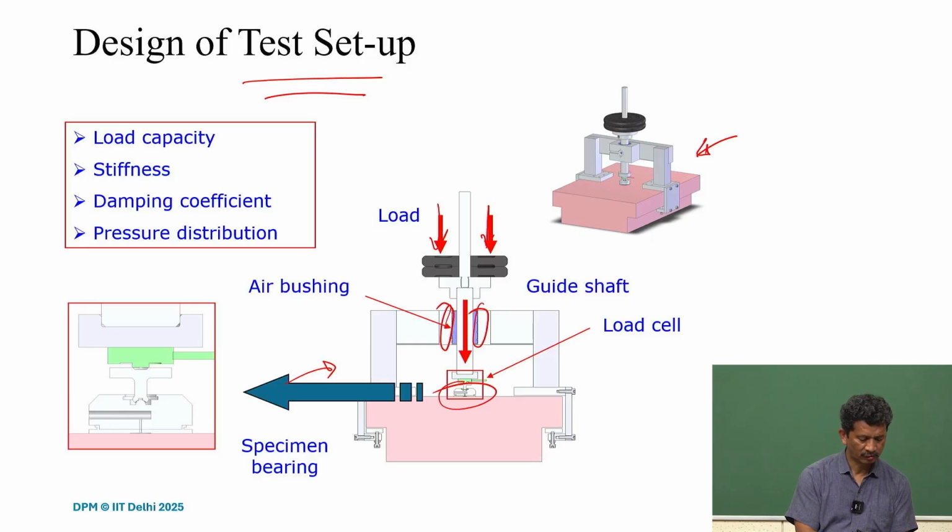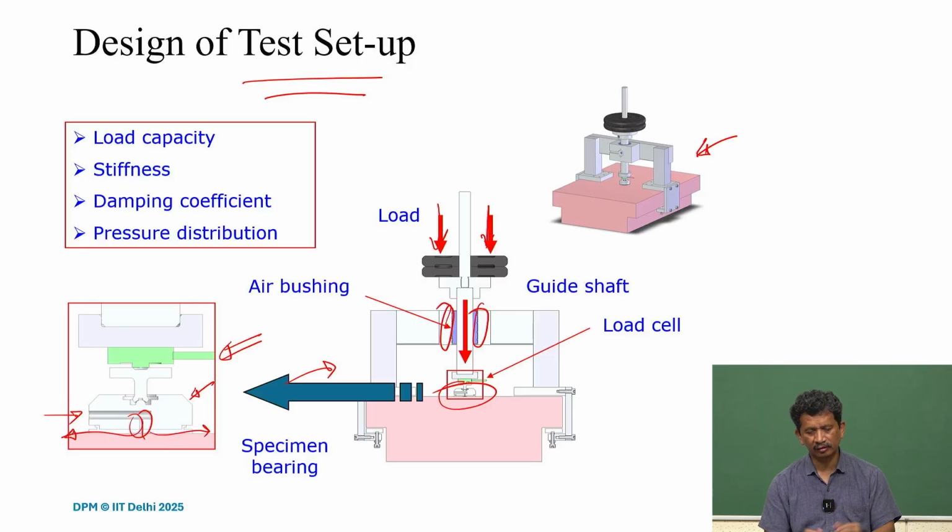Here you can see the enlarged view. So a specimen bearing is this. You can see the air, and there is a small orifice. So it's just going through this. In terms of dimension, you can see that these are all macro dimensions, big dimensions.